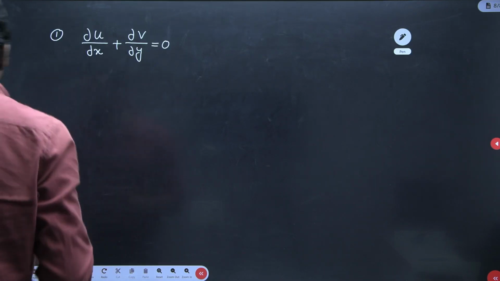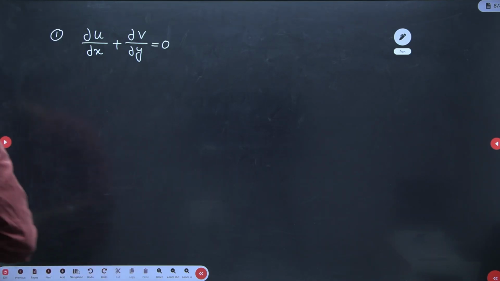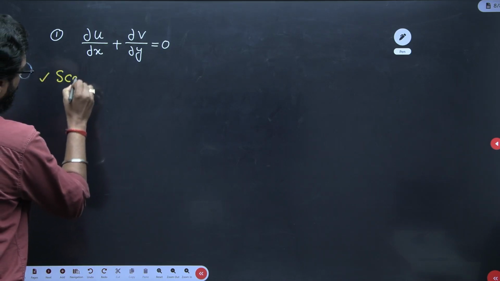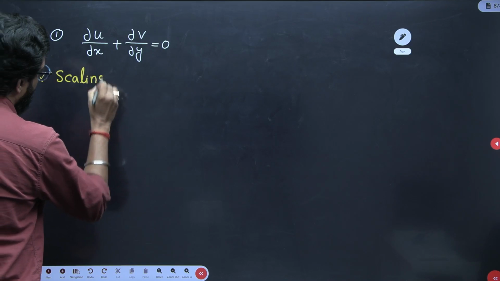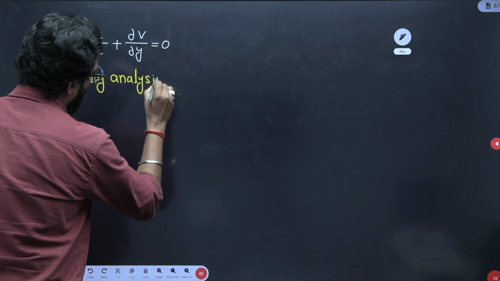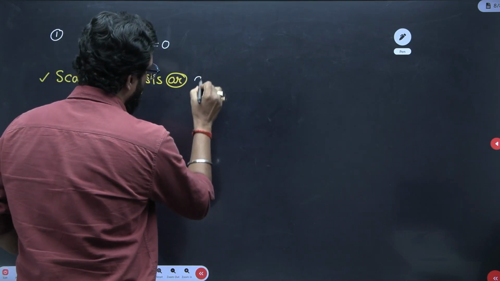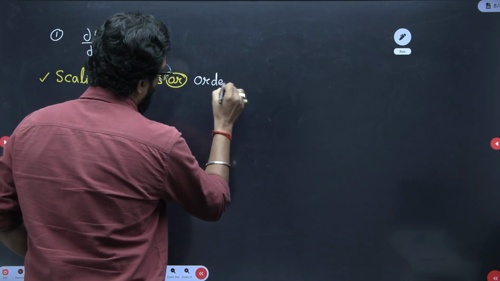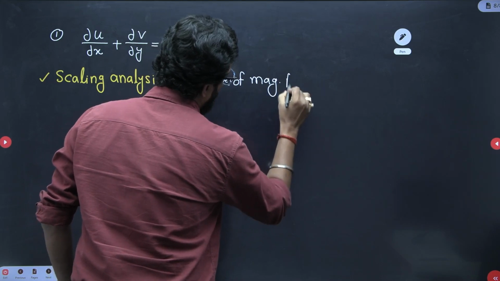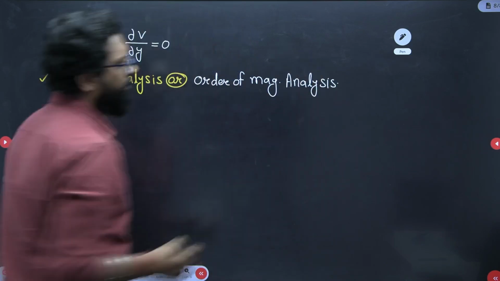So what is the order of magnitude? That means we have to discuss the scaling analysis, also called order of magnitude analysis.